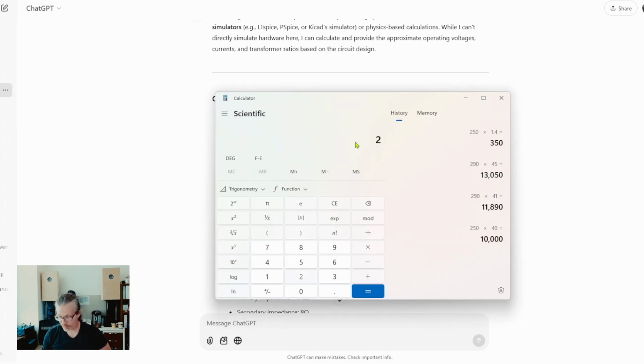So 250 volts times 1.4 would give us about 350 volts DC, maybe 340 or 345, if we are using the 10 microfarad input capacitance that it suggested.